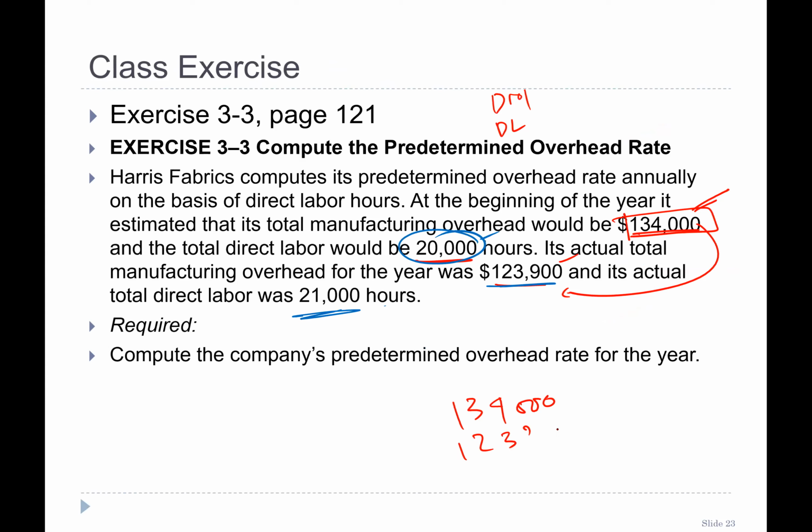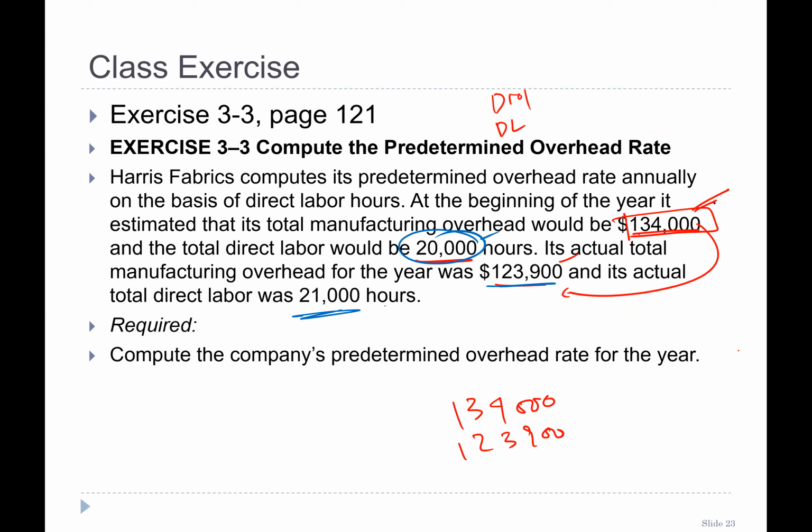So is this overestimation or underestimation? Overestimation, of course, we overestimate, right? Understand?